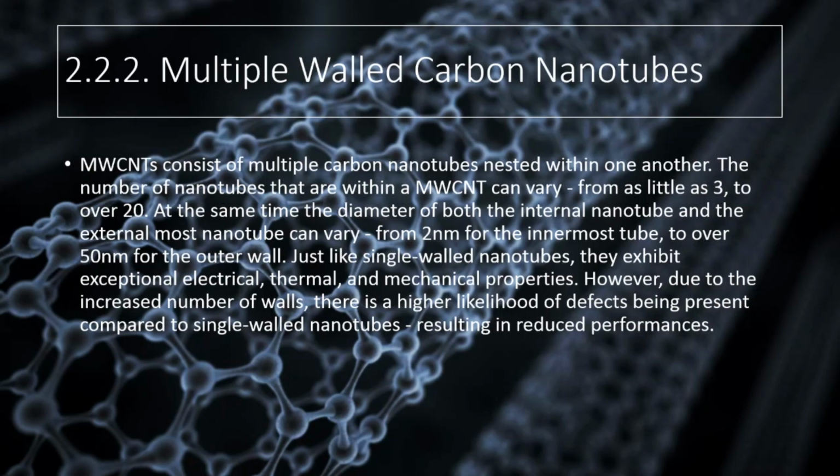Just like single-wall nanotubes, they exhibit exceptional electrical, thermal, and mechanical properties. However, due to the increased number of walls, there is a higher likelihood of defects being present compared to single-wall nanotubes, resulting in reduced performance.